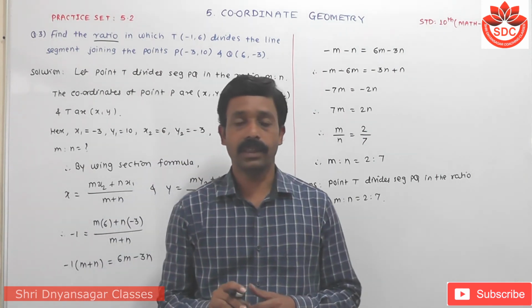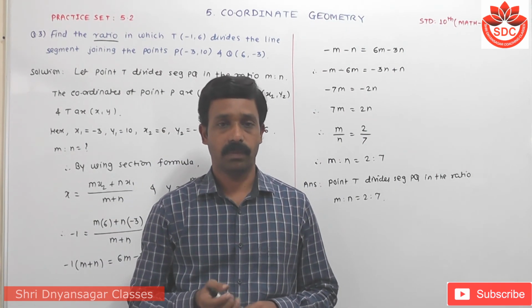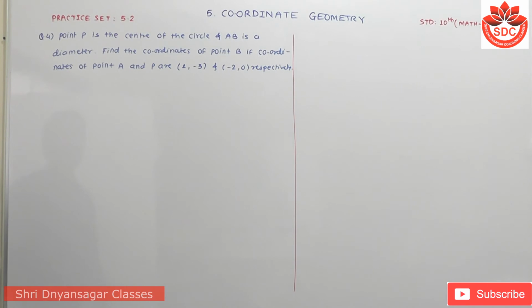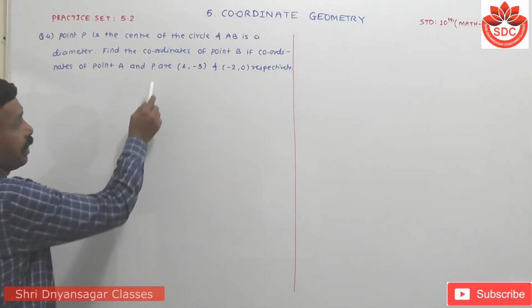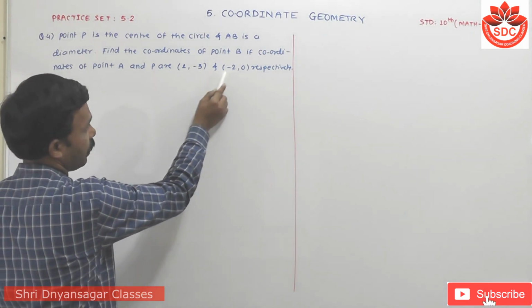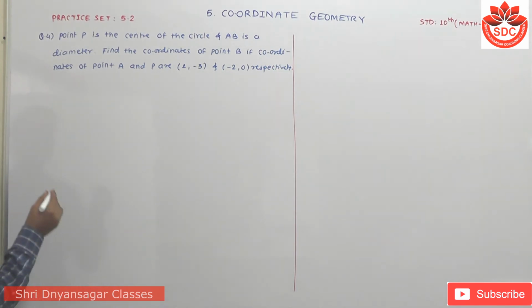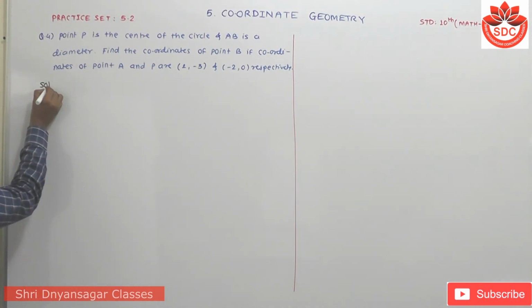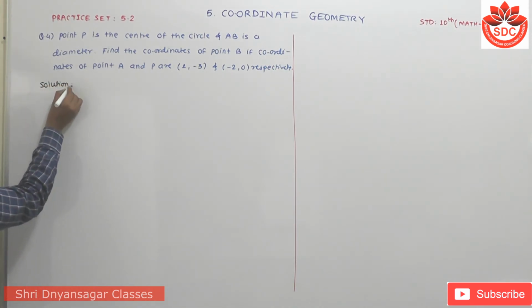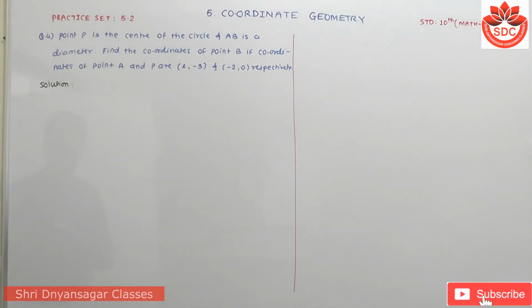Okay, we take question 4. Question number 4. Point P is the center of the circle and AB is the diameter. Find the coordinates of point B if the coordinates of point A and P are given. A is (2, -3) and P is (-2, 0) respectively. For this, the solution is: I have to draw one figure here.